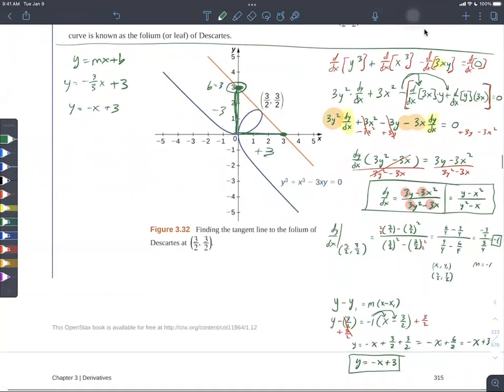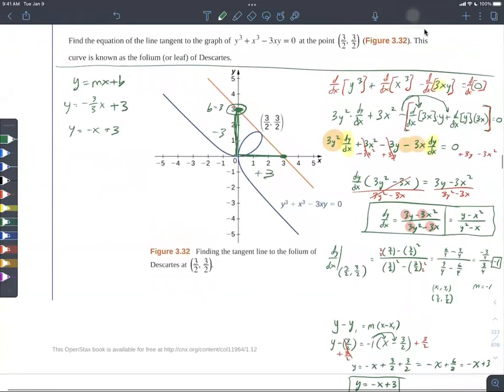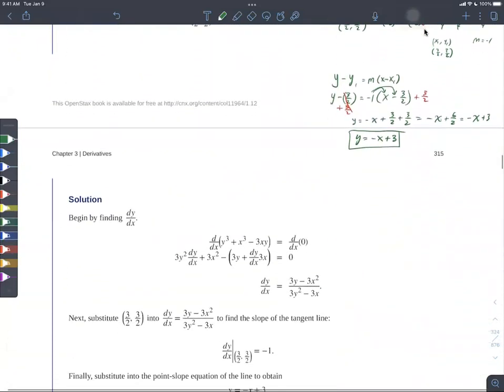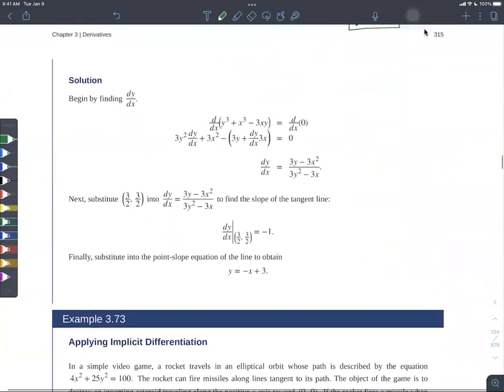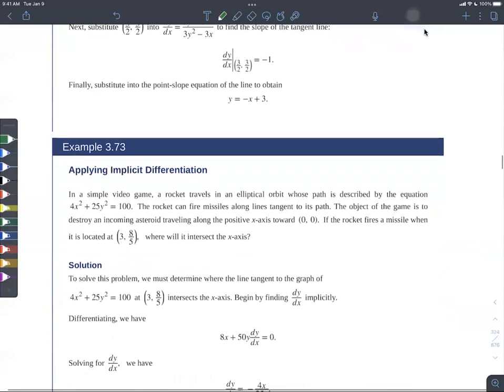And you can get the equation very easily just by inspecting the graph. But in general, you don't have the function already graphed, and there's no calculus in this. That's kind of cheating there. But okay, so there we have our solution, exactly what we did. So let's go ahead and move on.